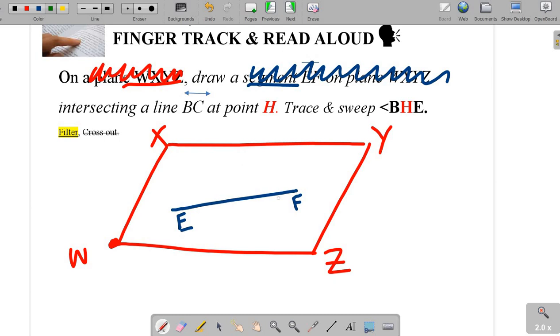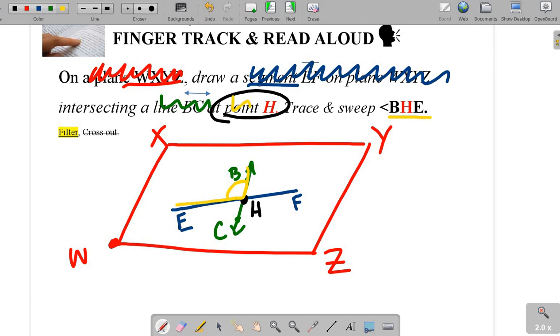So EF, the segment, is cutting through a line, 2 arrows, B, C, and it's intersecting at a point, H. H is a capital letter. Trace and sweep, B, H, E. So B, H, E. Trace and sweep.